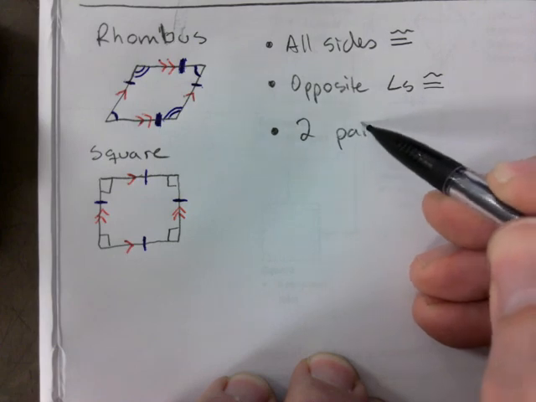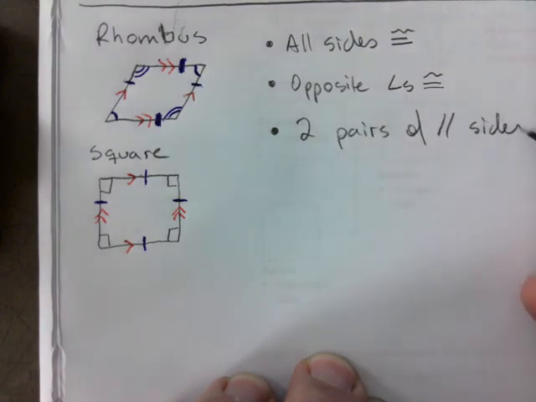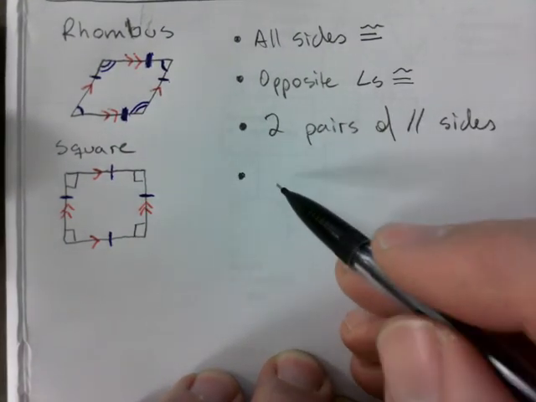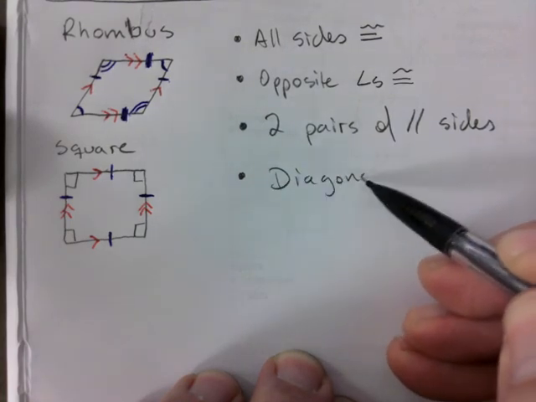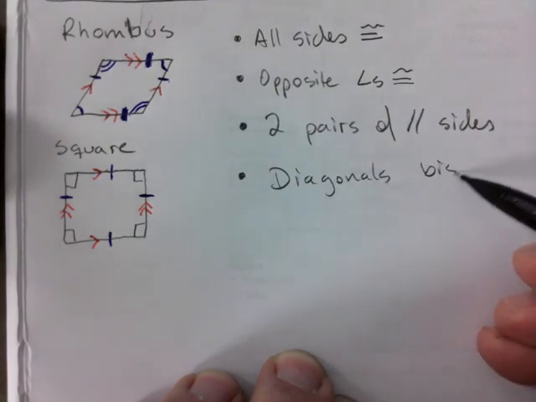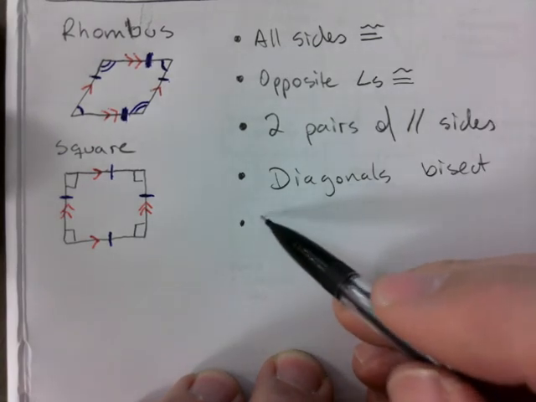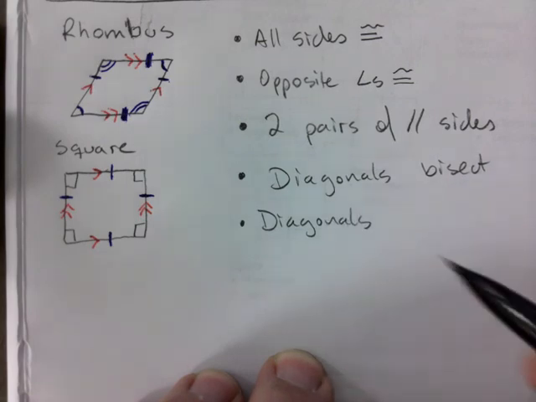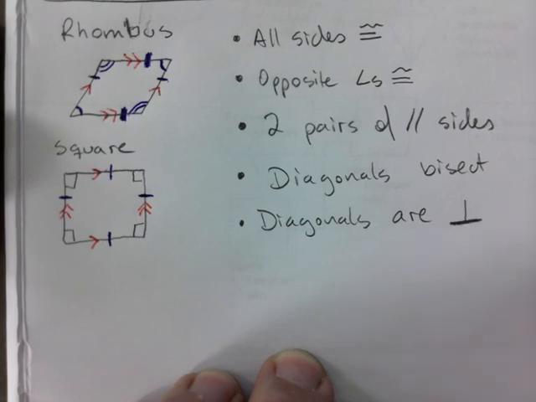Two pairs of parallel sides. I will say that diagonals bisect and diagonals are, this is new, perpendicular.